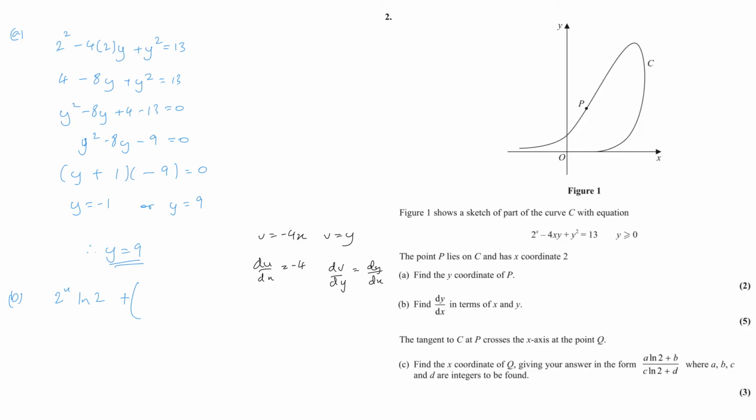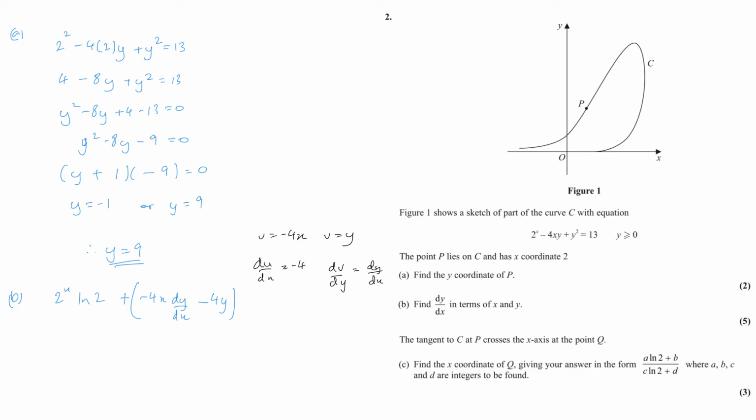Okay, and then we've got these two plus these two. So minus 4x dy by dx plus minus 4y. Okay, that's what I've got.